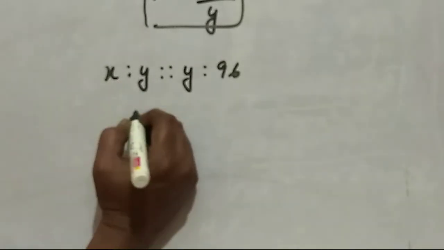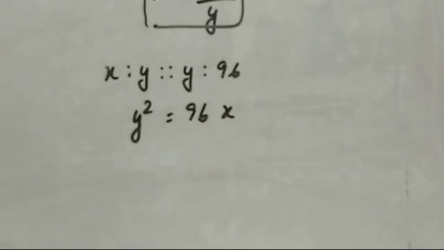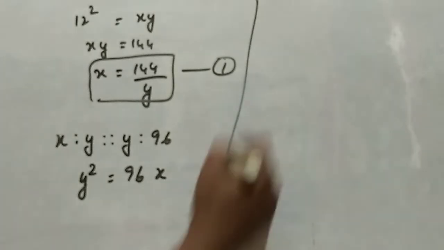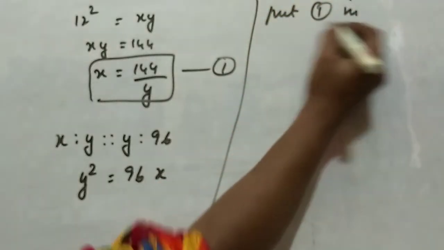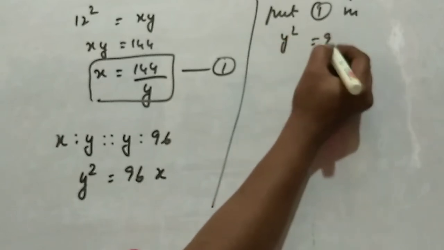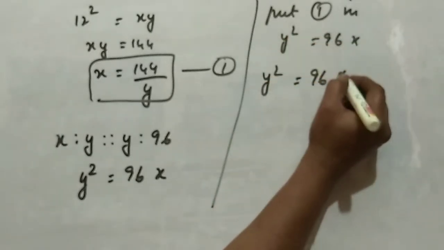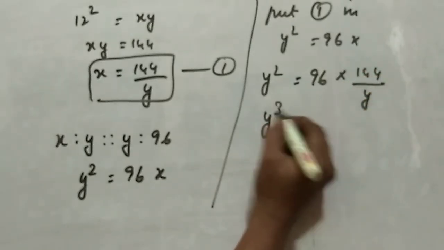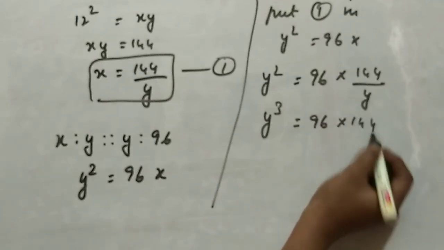Now here you will get y squared is equal to 96 x. Now put x equals 144 upon y in y squared is equal to 96 x. So y squared is equal to 96 into 144 upon y. So y cubed is equal to 96 into 144.